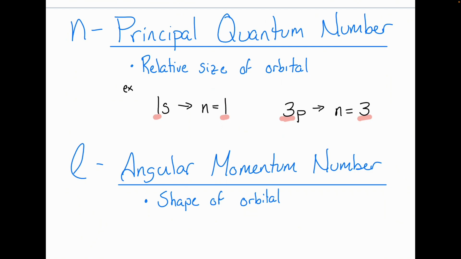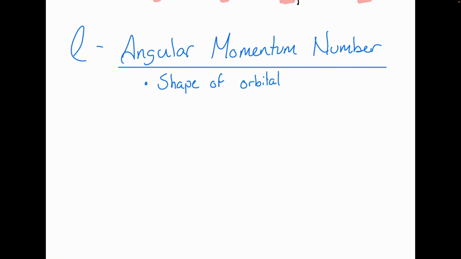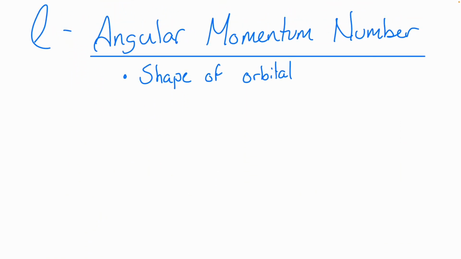Up until now, we've been using a different sort of symbology for representing shape. How do we denote those spherical shaped orbitals differently from those peanut shaped orbitals? s and p and d and f. We have these letters that we use to denote those different shapes. Our angular momentum quantum number is that exact same information, but just in numerical form.